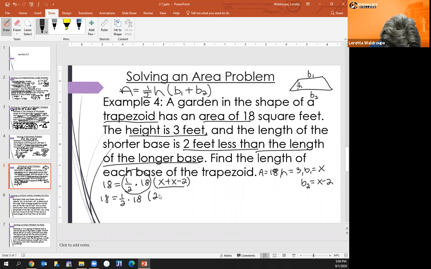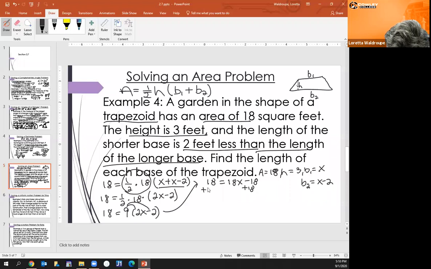X plus X is 2X. This is multiplied and this is multiplied. So 1/2 times 18 is 9. Distribute your 9. So I get 18X minus 18. Add 18 to both sides.